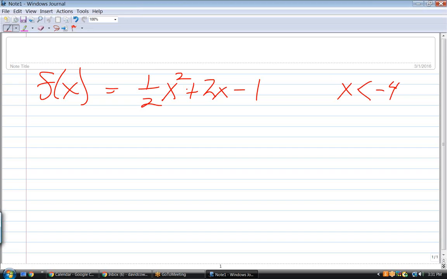Okay. And then 2 square root 5 minus 5x. And then -4 is less than or equal to x, which is less than 0.